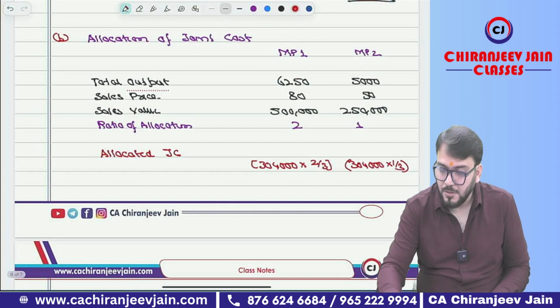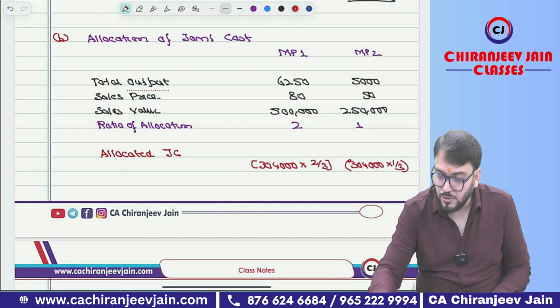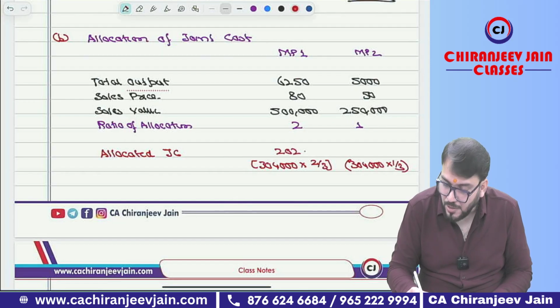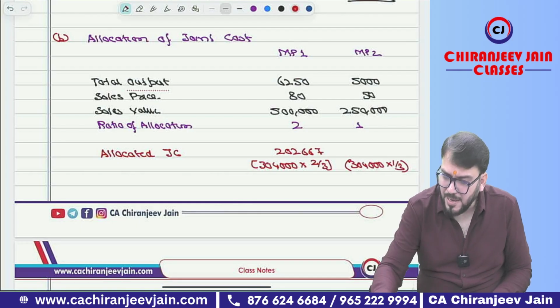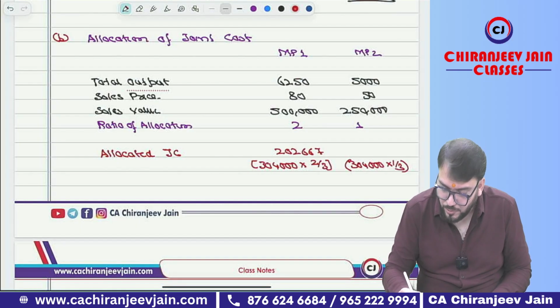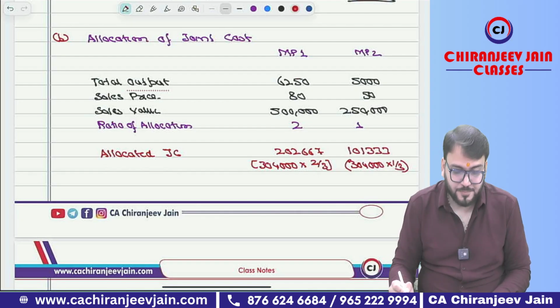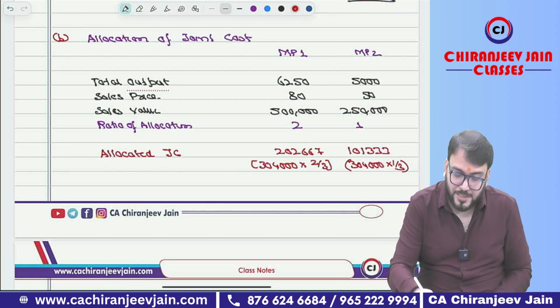So 3 lakh 4,000 into 2 divided by 3 is 2 lakh 2,667, and subtracting from 3 lakh 4,000, that will be equal to 1 lakh 1,333. So this is the allocated joint cost. Correct.